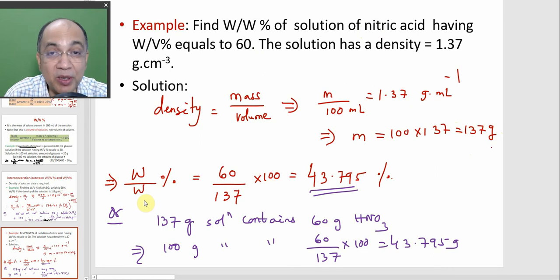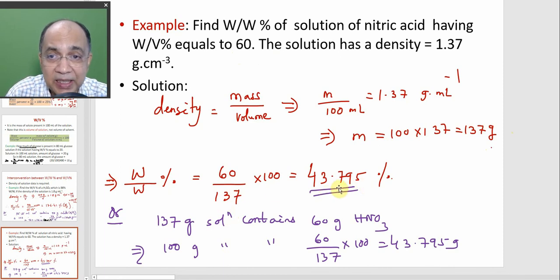So let us use the formula method. Mass of the solute is 60 and the mass of the solution is 137, because the volume of solution was 100 ml, it contains 60 gram. So 100 ml is equal to 137 gram. So now W by W percent is 60 by this into 100, which is 43.795.